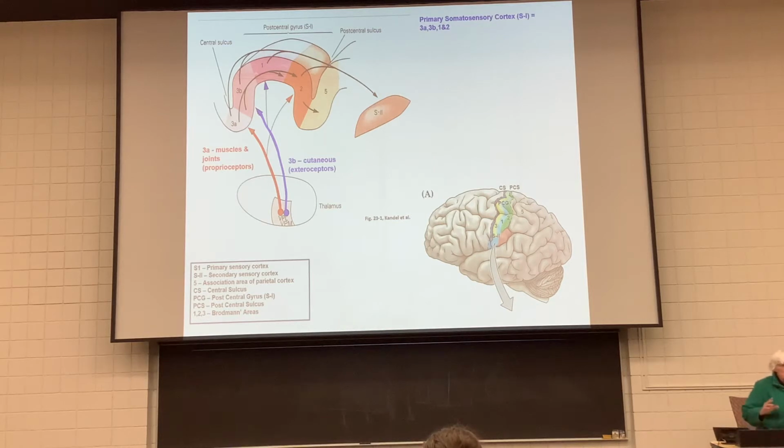So before, we said proprioception and touch run together pretty much all the way up from the dorsal column, cuneatus gracilis, up to the thalamus. But when we get now to the somatosensory cortex, they each have their own area of termination. We're not going to talk about 3A anymore today, mostly because we haven't talked about proprioceptors yet.